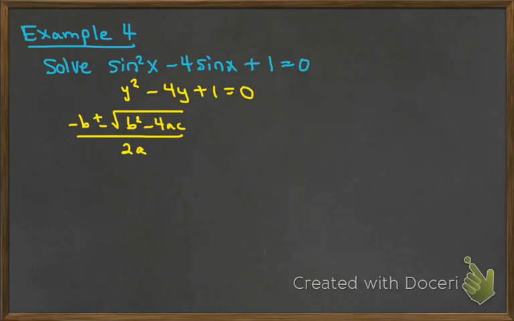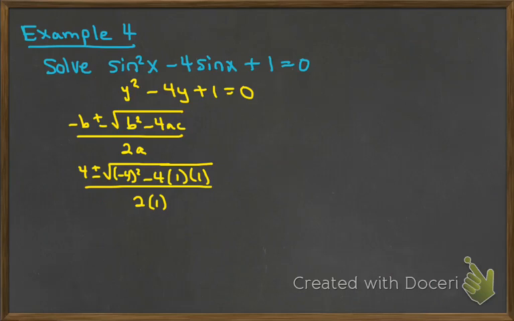So I'm going to plug in my values now. So b, remember, is the coefficient of the plain variable. So in this case, it's a negative 4, so it becomes a positive 4, plus or minus the square root of b again, so negative 4 squared, minus 4 times a, which is 1, times c, which is also 1, all over 2 times a, or 2 times 1.